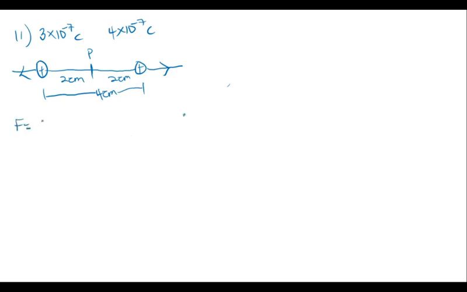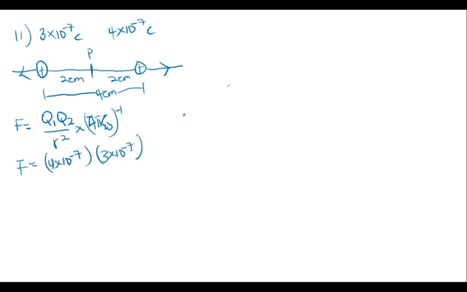The force is Q1 Q2 over R squared times 4 pi E naught inverse, still the same thing. So our force is equal to 4 times 10 raised to the power minus 7, 3 times 10 raised to the power minus 7, all over 4 times 10 raised to the power minus 2, which is in meters, all squared, multiplied by 9 times 10 raised to the power 9.